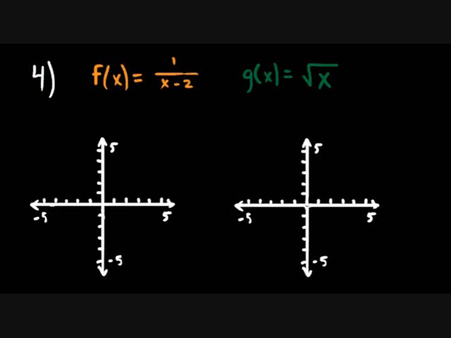So f of x is 1 over the quantity x minus 2. So what is the domain for that function? What x values can we use for this function? Can we use just anything we want, or will there be a certain value for x that will make our denominator 0?